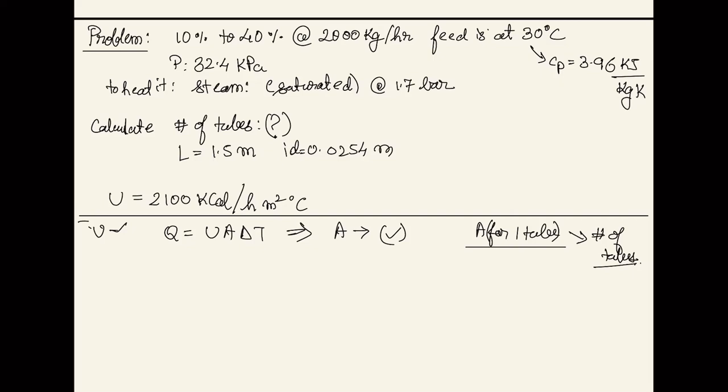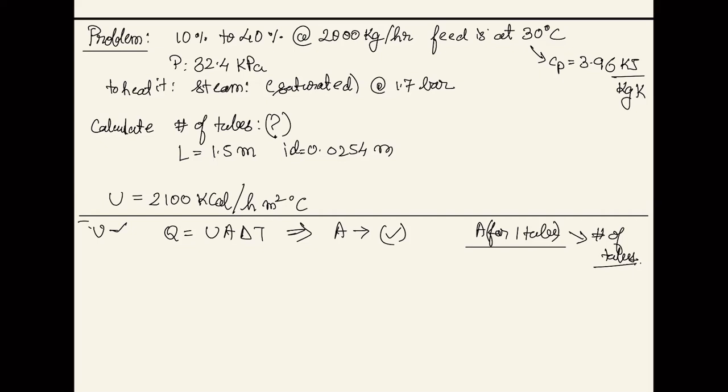So the boiling point will not be 100 degrees Celsius, it will be something different, a lesser value compared to 100 degrees Celsius. Then to heat it we are going to use saturated steam at 1.7 bar, and what we are expected to calculate is the number of tubes required, whose dimensions are 1.5 meter length and inner diameter of 0.0254.